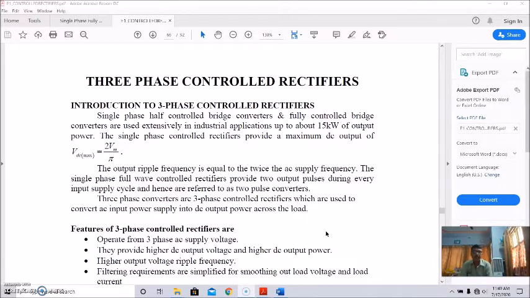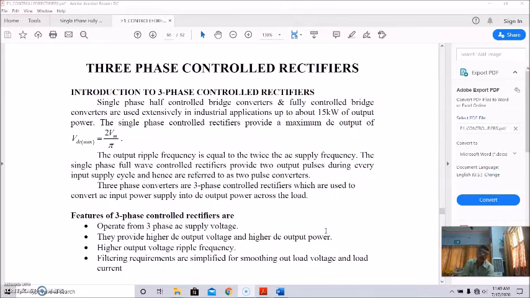3-phase control rectifiers are used to convert AC input power supply into DC output power across the load. The main features of 3-phase control rectifiers are that they operate from 3-phase AC supply voltage, and they provide higher DC output voltage, higher DC output power, and higher output voltage ripple frequency.